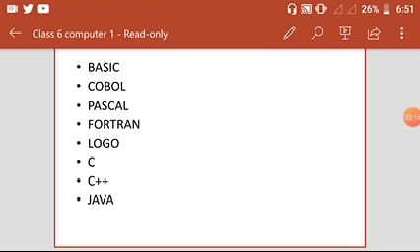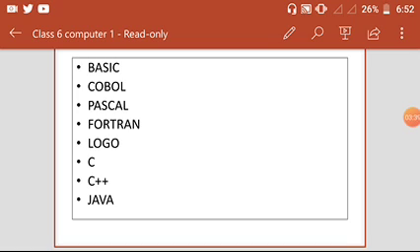C++ is an object-oriented language popularly used for developing system software. It was developed by Bjarne Stroustrup in 1983 at AT&T Bell Lab to enhance the workability of the C language. I already told you that C++ is the upgraded version of the C language.